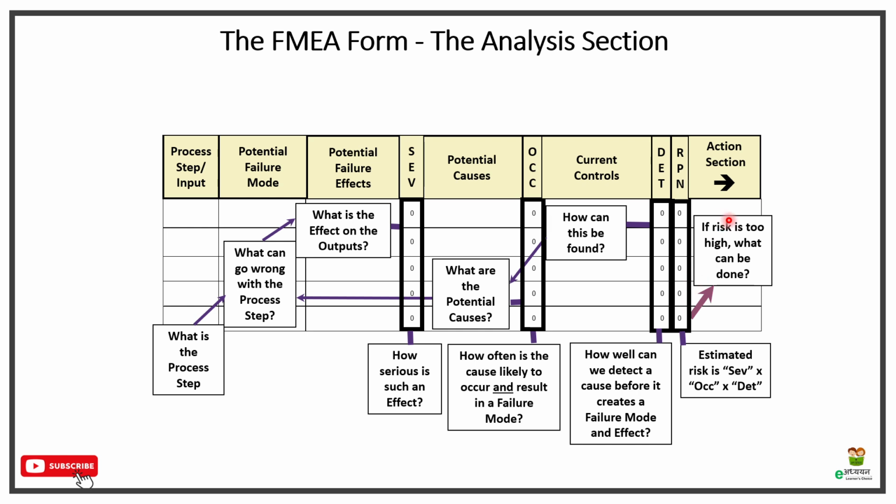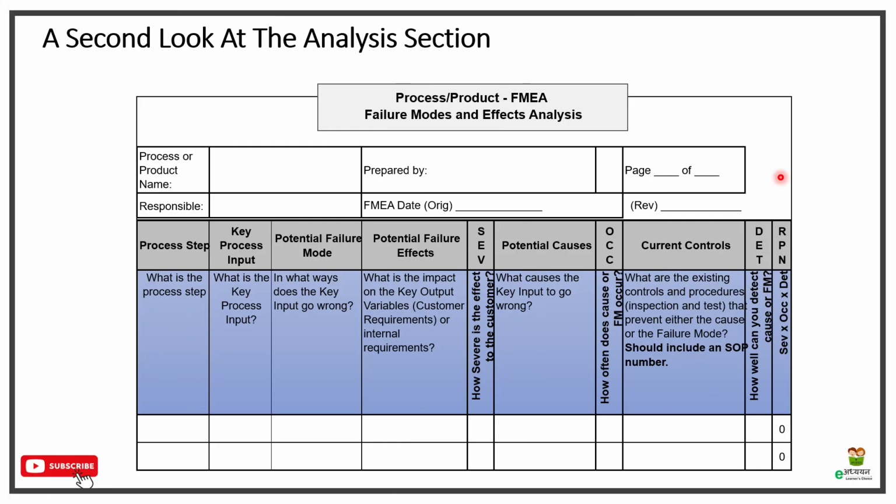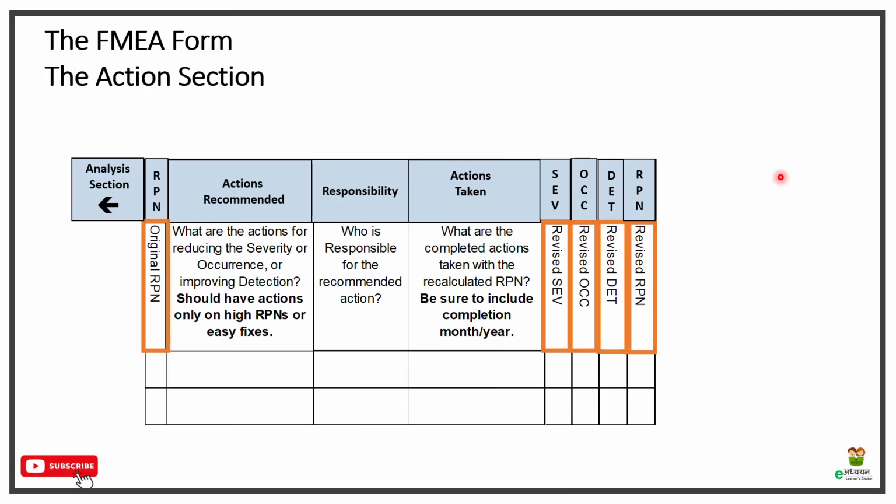If the risk is too high, what can be done? That we define in our action section. So this is the normal form for FMEA. Here we discuss all these things. Then we define the action recommended for correcting these RPN numbers. Then we define who is responsible for carrying out these corrective actions, then the action taken, and then we again calculate the revised severity, occurrence and detection, and finally the revised RPN number.